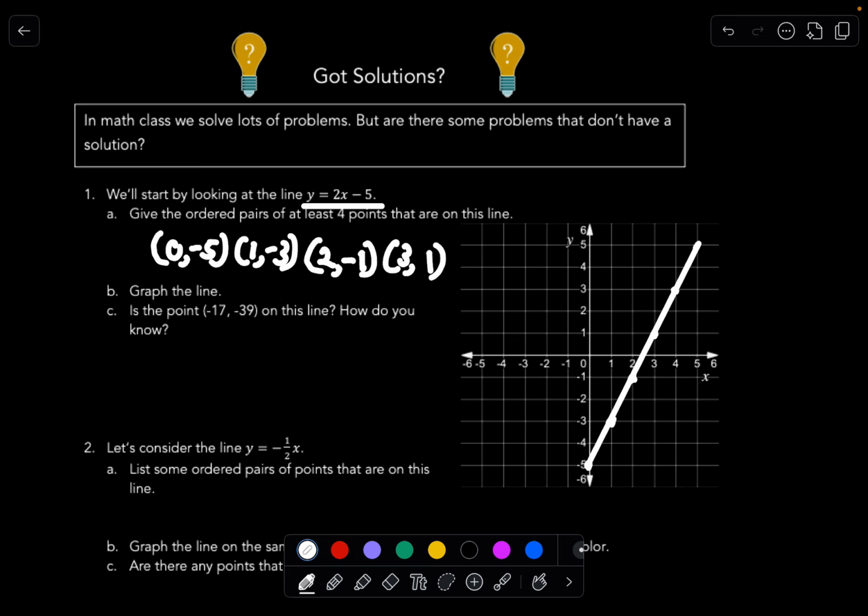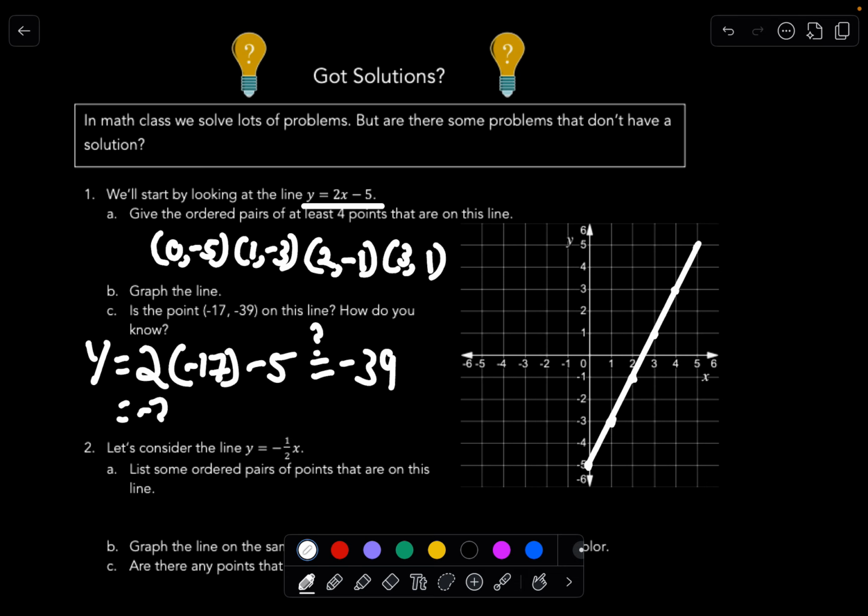Okay, is the point (-17, -39) on this line? How do you know? Well, you check it out by plugging that point in. That is, it was 2x, and x is negative 17, minus 5. Does that equal negative 39? That's the question. That's how you'll know.